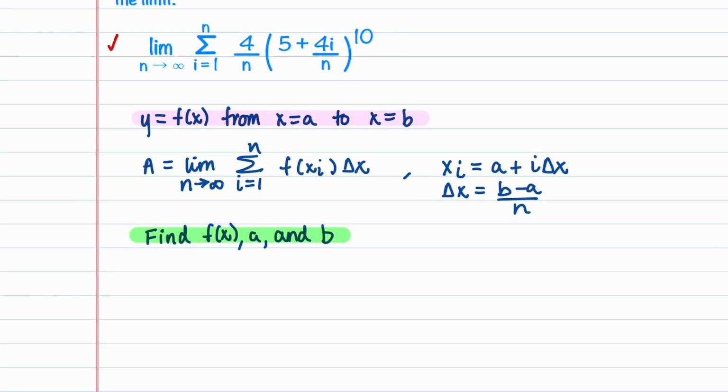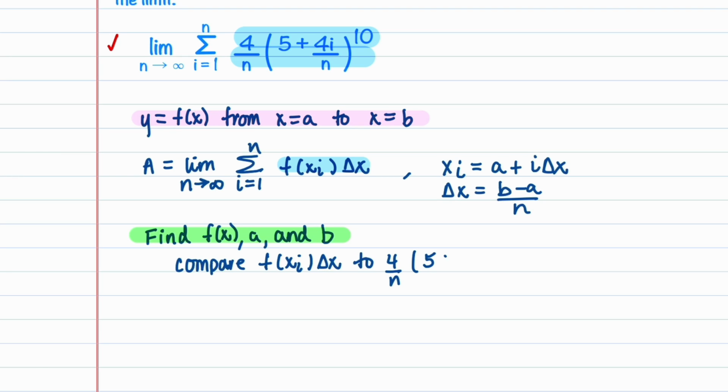To find all three of these, what we're going to do is compare f of x sub i delta x, that's right here, to what we've been given, which is right here. So we're going to compare it to 4 over n times 5 plus 4i over n raised to the 10th power.